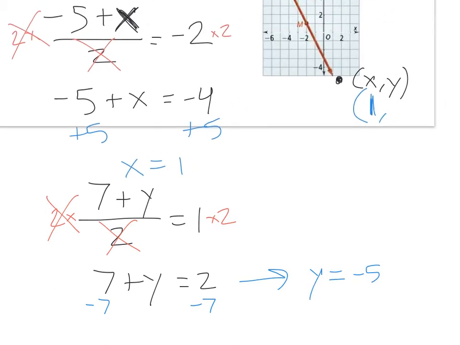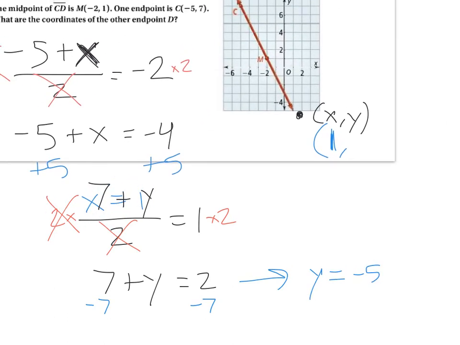So going back up, my other coordinate would be (1, -5). That does seem to make sense based on this point right there. That seems to work. So that's what we know about midpoints.